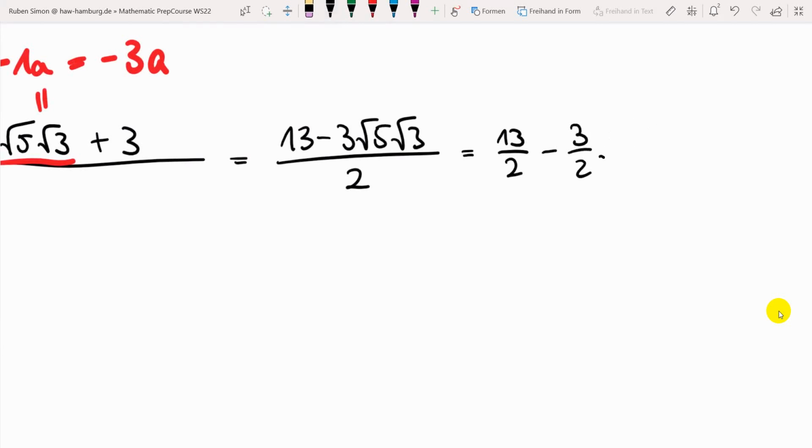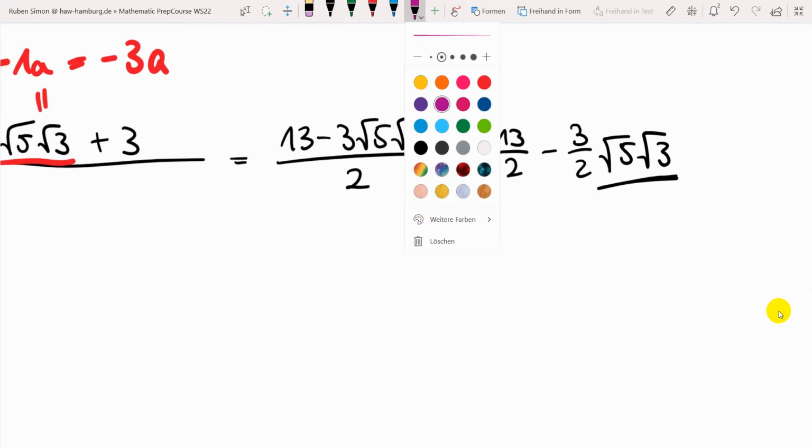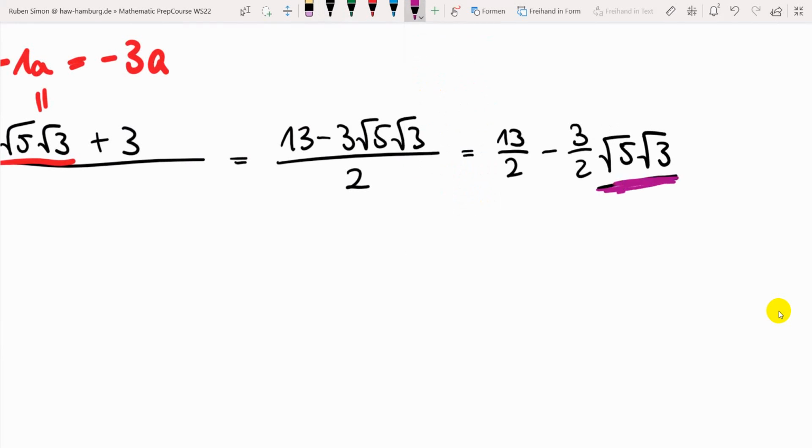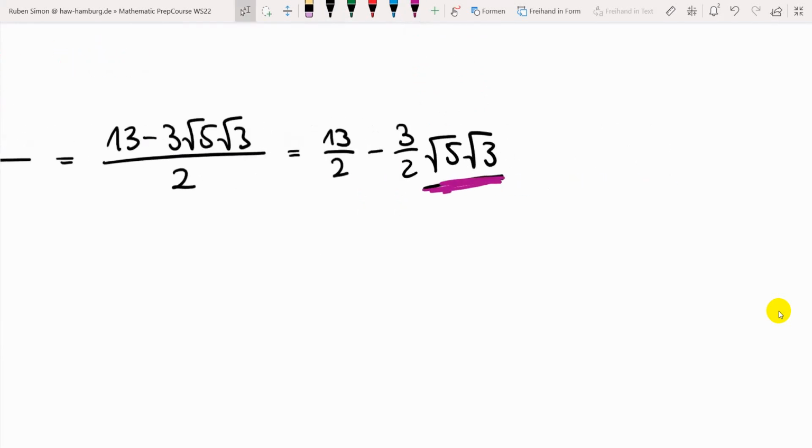Multiply. So it's going to be 15, yes, square root. So there's one of the root rules which helps us at this point. So this is going to be 13/2 minus 3/2 times the root of 5 times 3. And 5 times 3, of course, is 15.